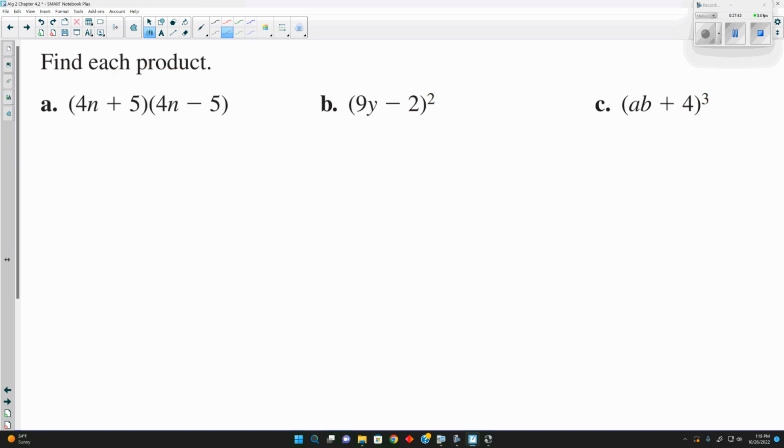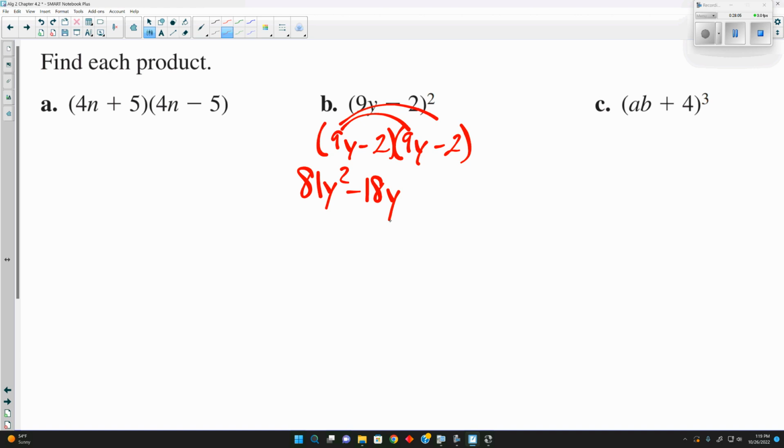Now, the other way to do this is, well, anything squared is really saying that it's multiplied by itself. We can't just square both terms and be done. It's saying that it's 9y minus 2 times 9y minus 2. 9y times 9y is 81y squared. 9y times negative 2 is negative 18y.